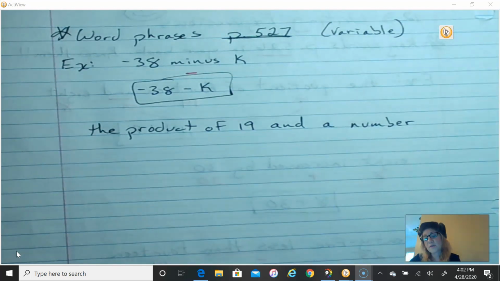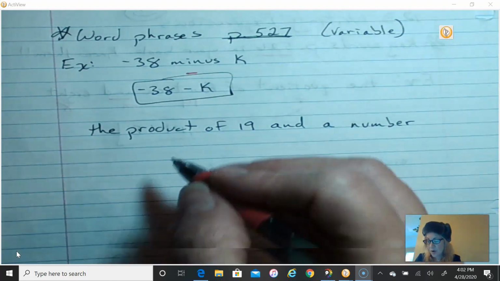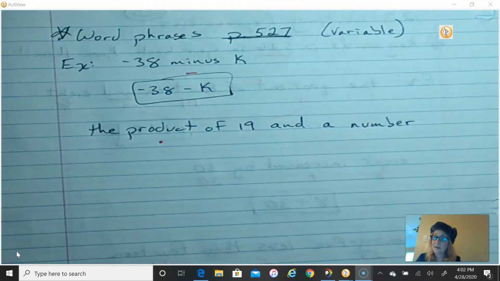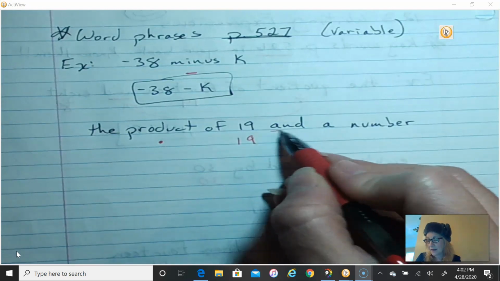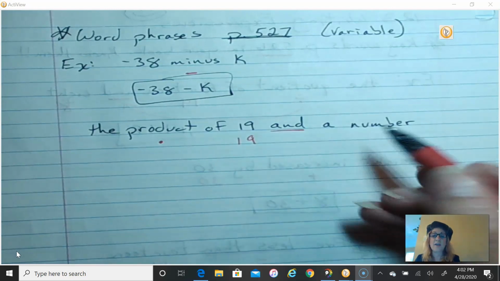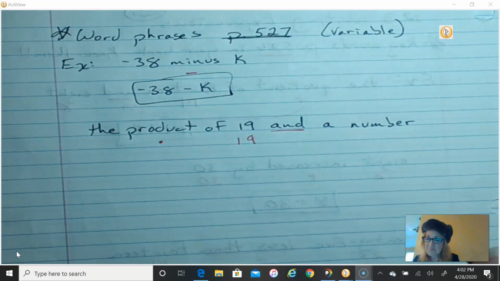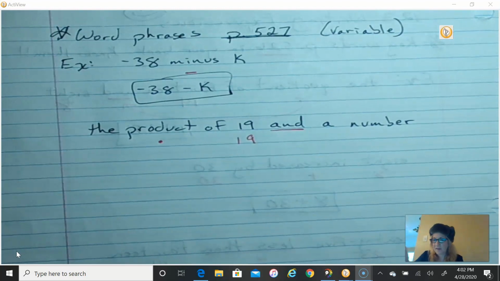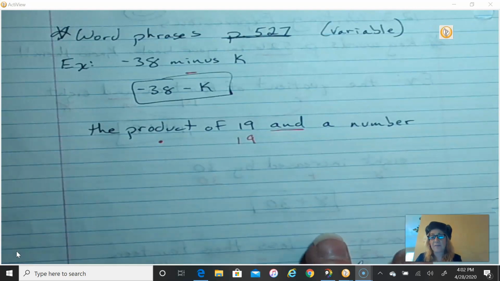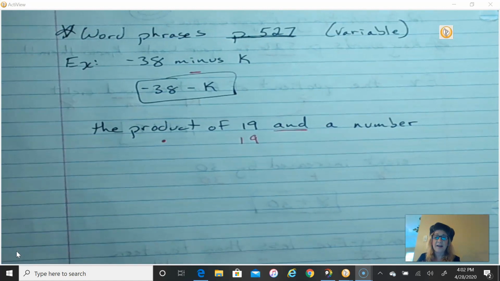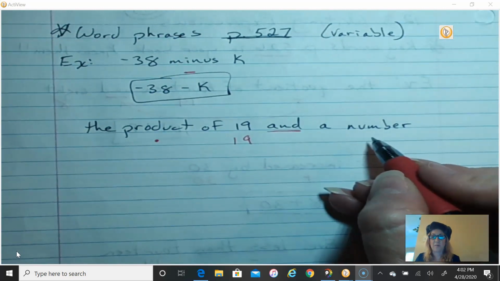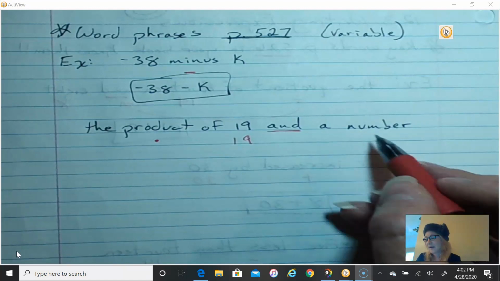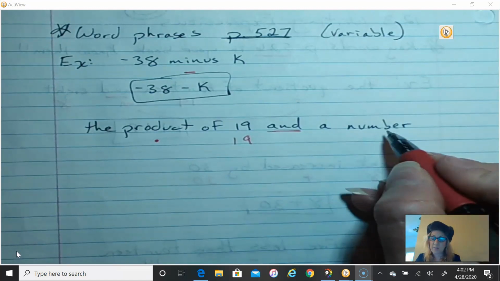So product, what does product mean? Product is multiplication. I'm using the dot. 19 and, there's that word and, a number. Do we know what the number is? No, we don't know. 2, 4, 6, 8, whatever. It doesn't matter because you're not having to solve anything. If we were in class, I would just call random students and say, choose a random number, letter. Let's call it N for number.